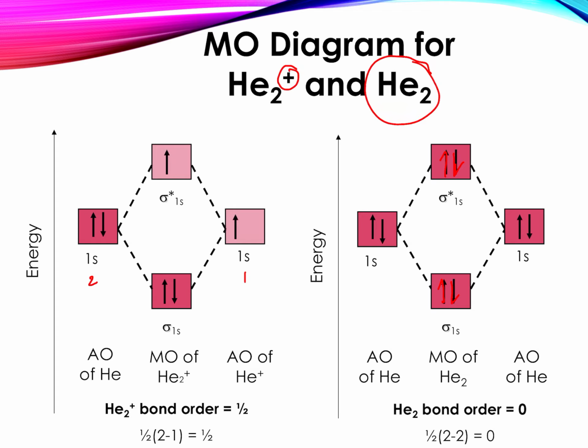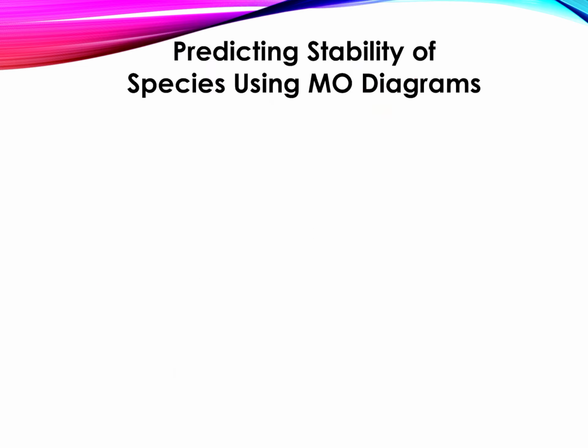So we do 2 minus 2 times 1/2 gives us 0. So remember, a bond order of 0 tells us that this molecule does not happen. There is no bond that is being formed. So He2 1+, yeah, that'll form a really weak bond, but He2 will never form. That's going to be a bond order of 0.